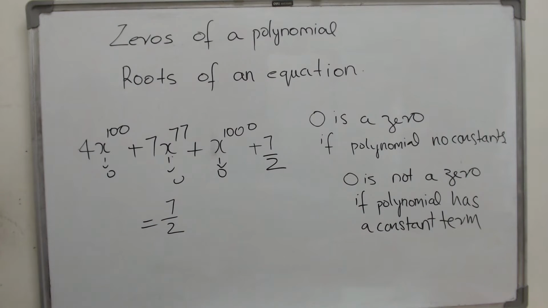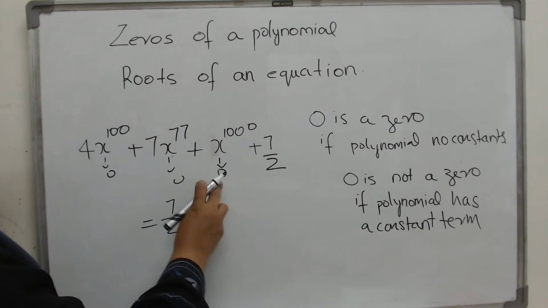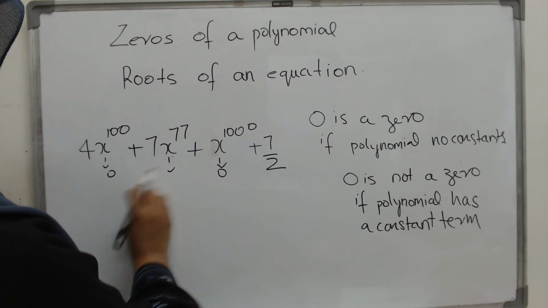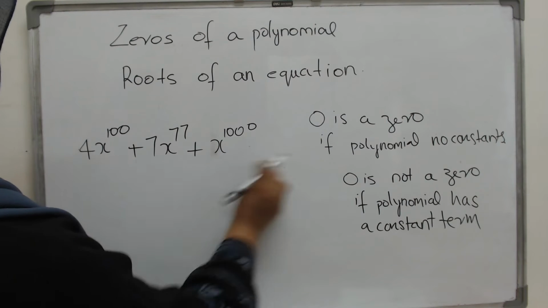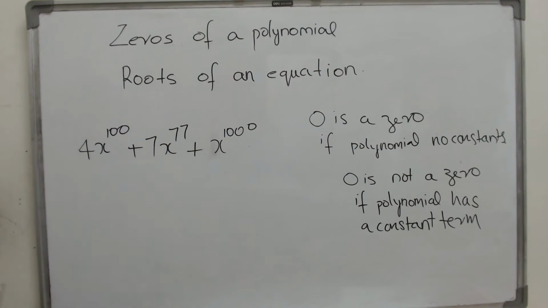It is not 0. It will never become equal to 0. If you have a constant, then 0 cannot be a zero. But if there is no constant, for sure you can assume that 0 is a zero. So please do not get confused with the concept zero and the number 0.